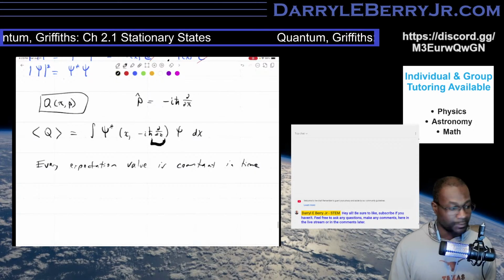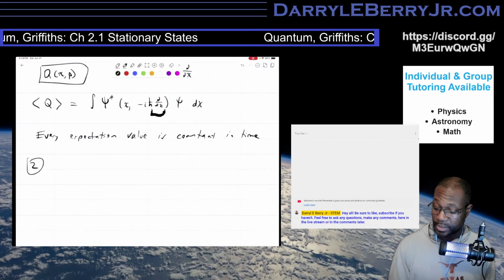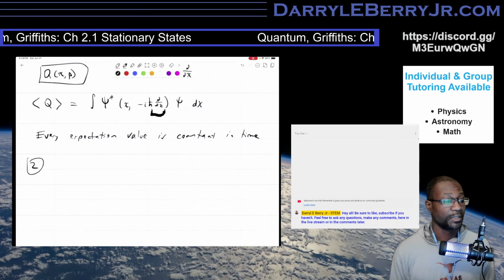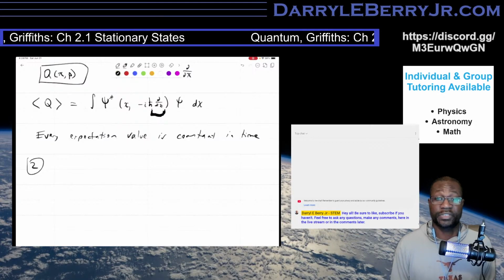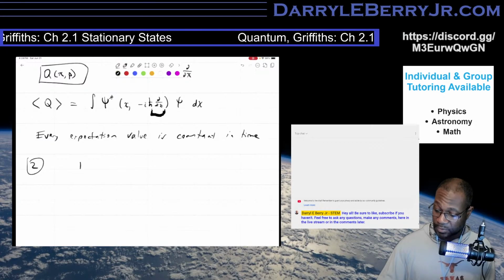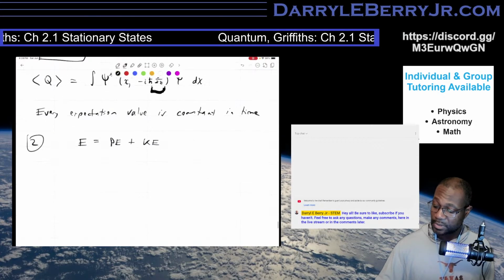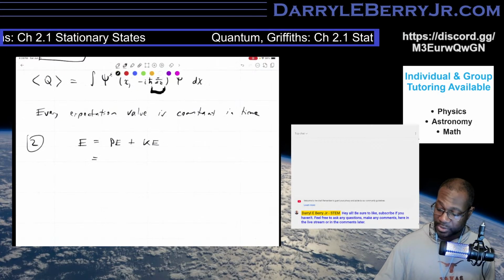Another thing, which is what I was getting to earlier: these stationary states are states of definite energy. You know from classical mechanics that energy is the kinetic energy plus the potential energy. And in quantum mechanics, the potential energy is this.